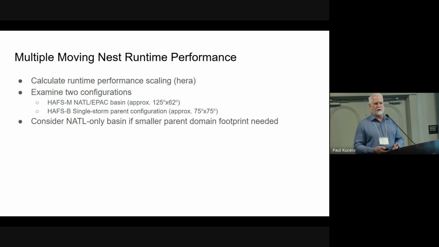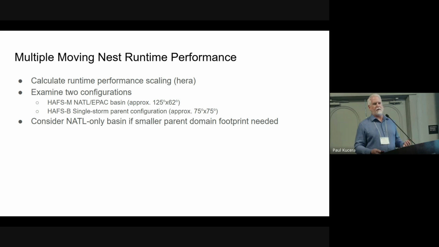These tests were all conducted on Hera, so they're all apples to apples in that sense. And we looked at 2 different configurations. One is this large basin scale, which is the 125 by 62 degree, and I'll show that in some later slides. Then another set of tests were on the parent configuration from the HAFS-B, which is a 75 by 75 single storm configuration.